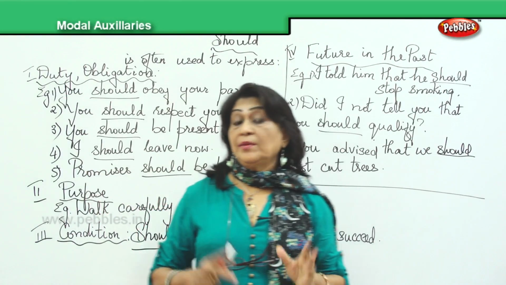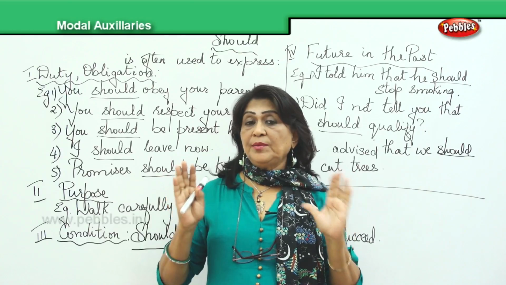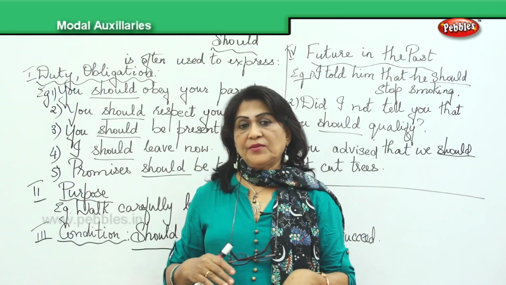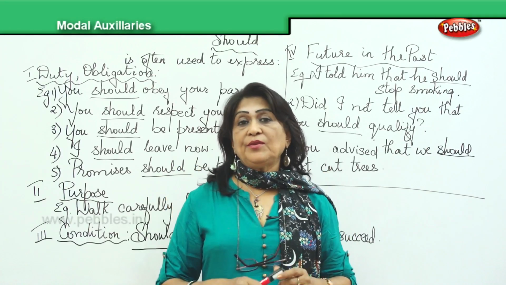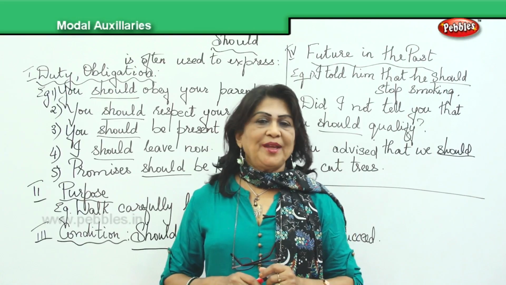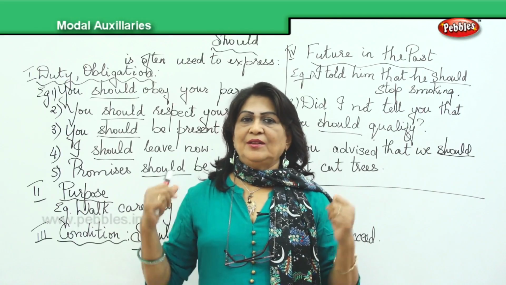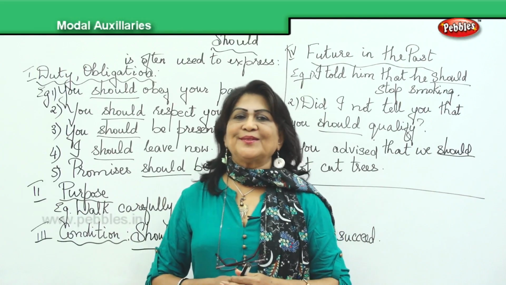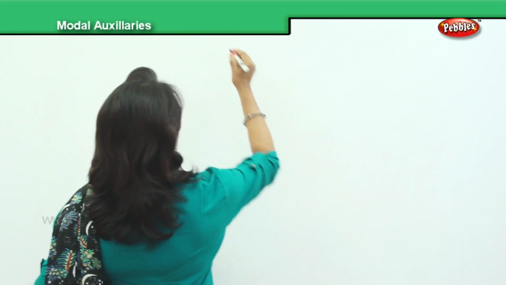past. Okay, better learn, be attentive, because after finishing all the modals, I am going to give you a small little test to test whether you have comprehended all the usages of modals. The next modal that we are going to see is must, M-U-S-T, must.